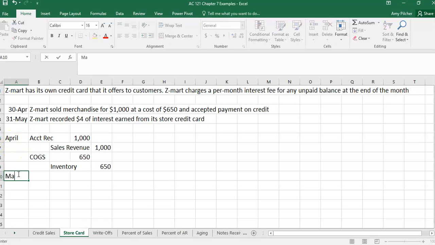And then on May 31st, we would have an adjusting entry for the amount of interest. So we would add that to the customer's accounts receivable, $4 of interest, and we would record interest revenue of $4.